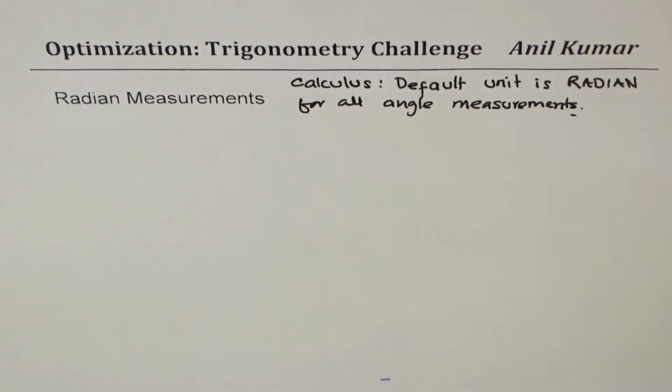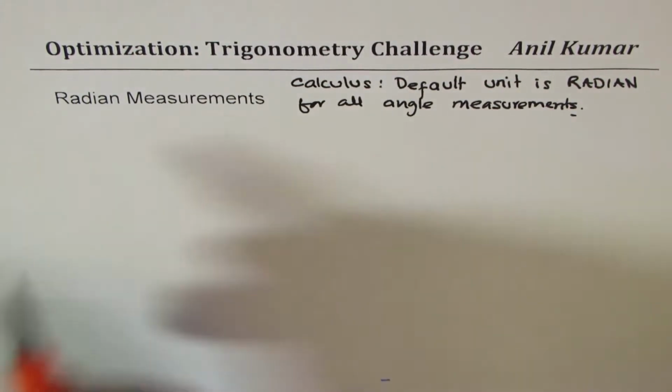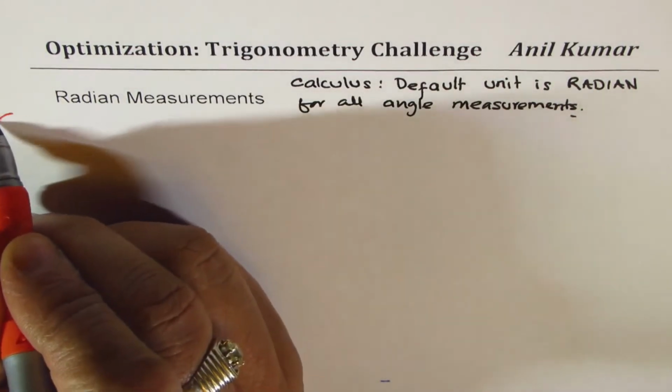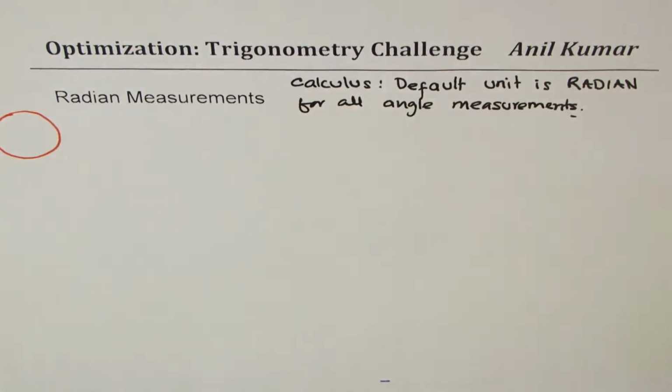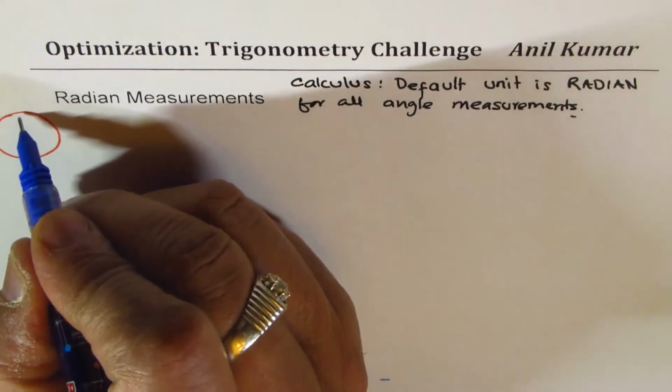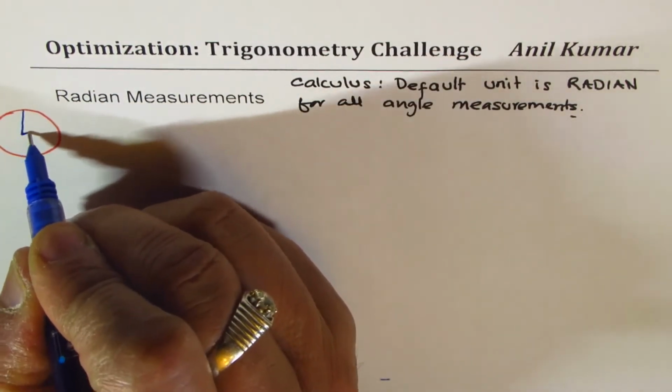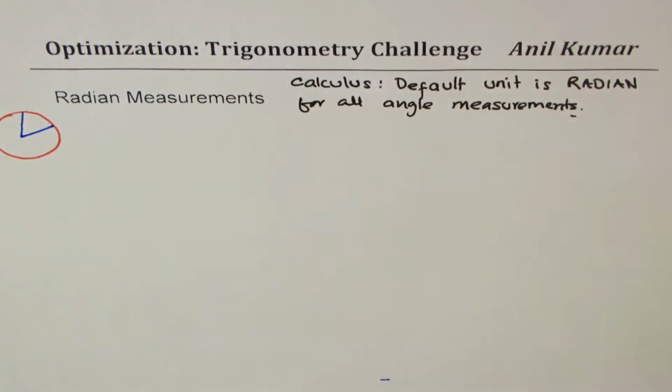This is very, very important to understand, right? Now let's try to understand radian as such. If I have a circle, I could always relate arc length to the radius and the angle.